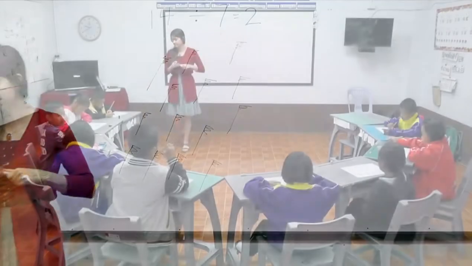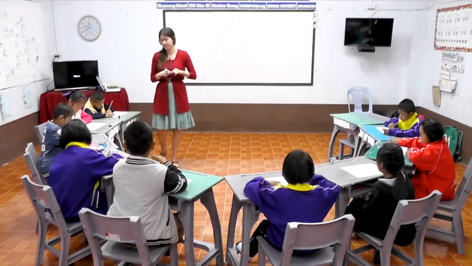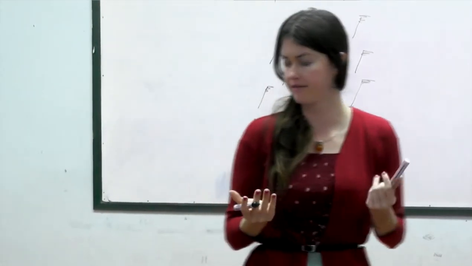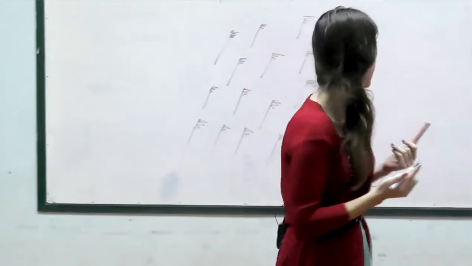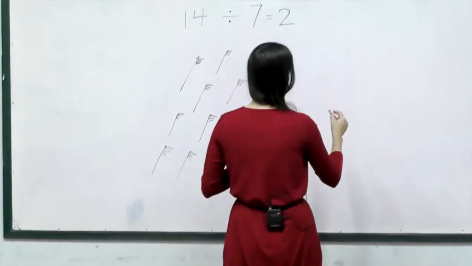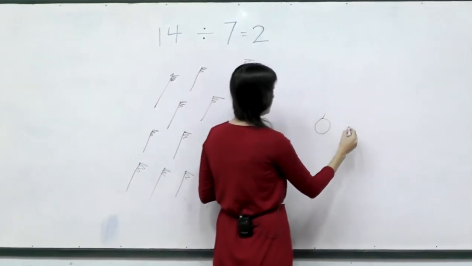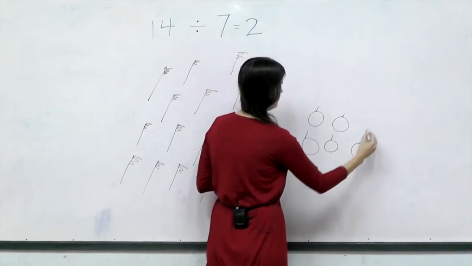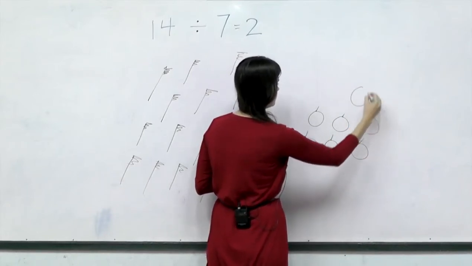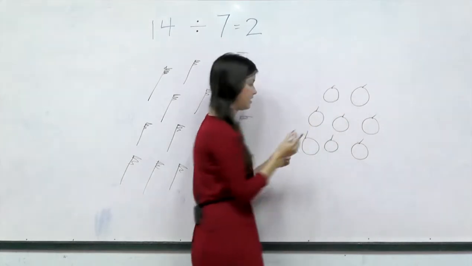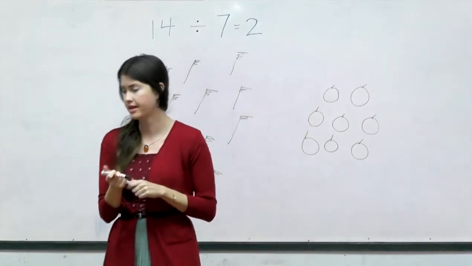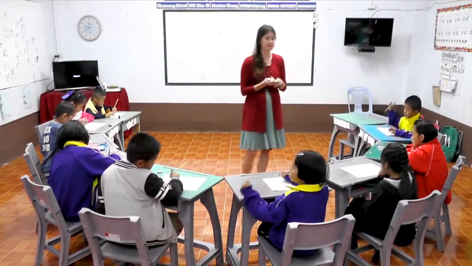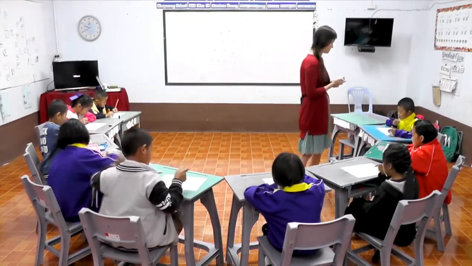2. Okay. We've got some apples next. How many apples do we have? 8 apples? Okay. These are going to be our little apples. 5, 6, 7, 8 apples. Okay. So look at the other picture. How many groups of apples are there?